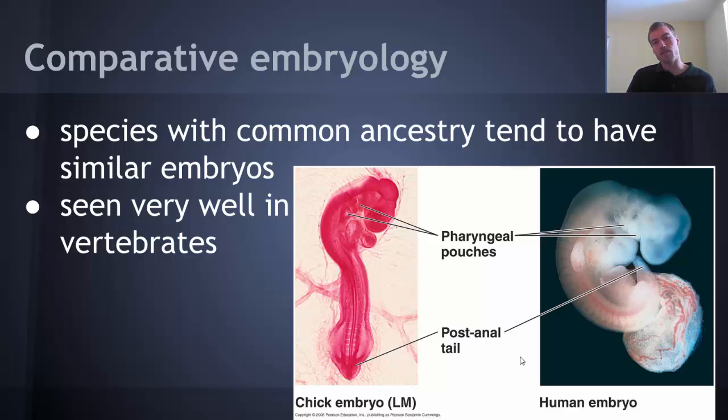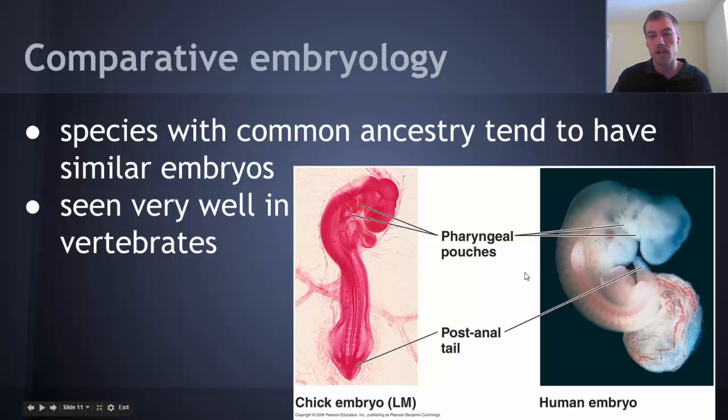Finally, we've got comparative embryology. This is where species that have a common ancestry tend to have similar embryos, and it is seen very well in vertebrate species. So, for example, chickens and humans, right? We both have pharyngeal pouches, or pharyngeal slits is another word, as well as a post-anal tail in the embryos.